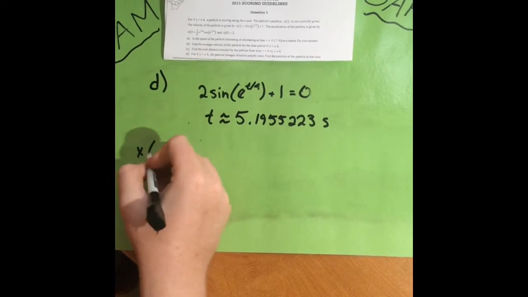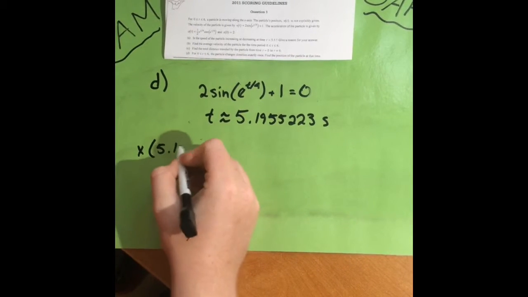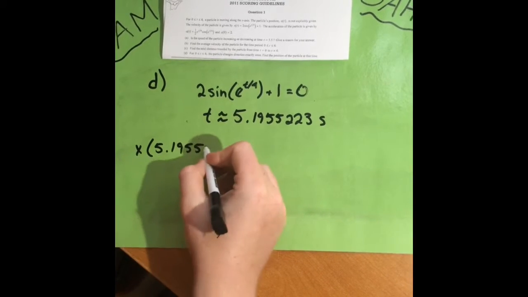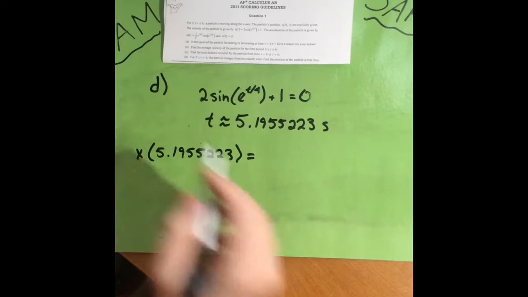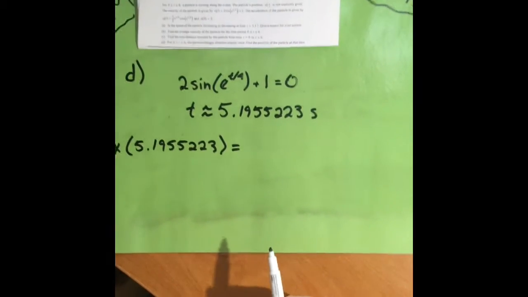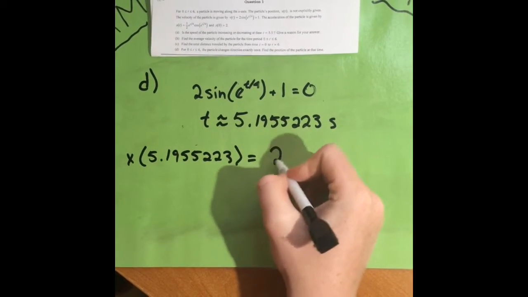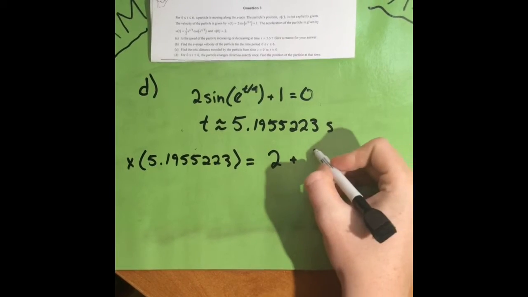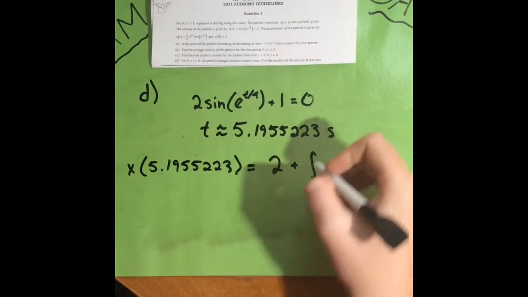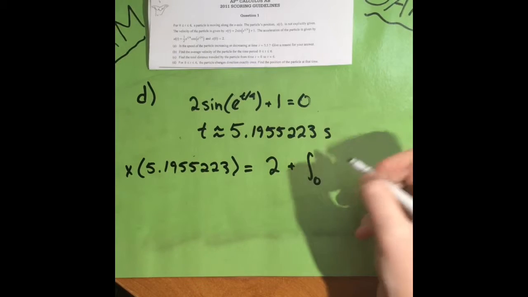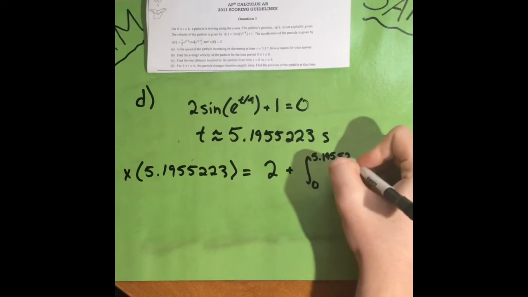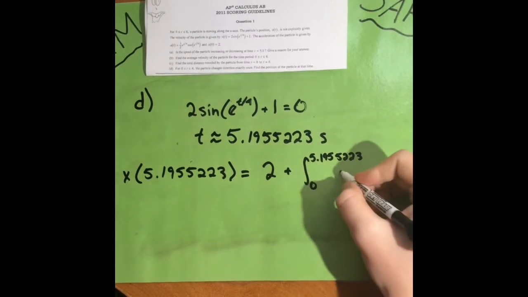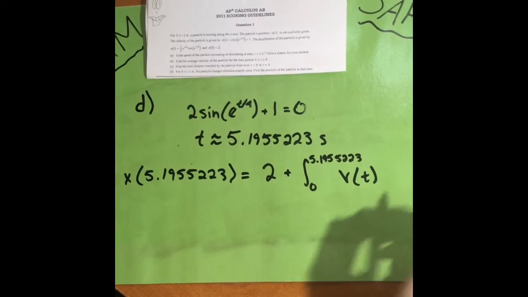So x of 5.195 would equal, we know that at time 0, the position is 2, so we need to start with 2, plus the area under the curve, or displacement, from 0 to 5.1955223 of the velocity function.